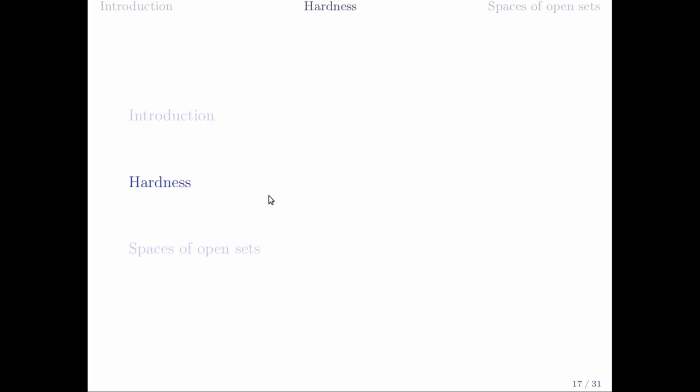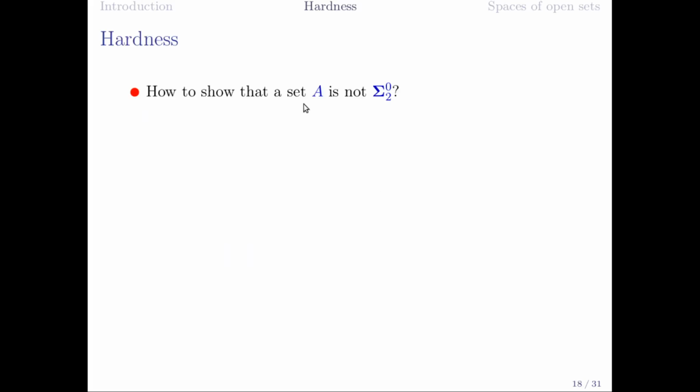First we investigate hardness on represented spaces. What's hardness? As you may know, it's a way to give lower bounds on complexity of sets. How do you prove that a set is not Σ2?